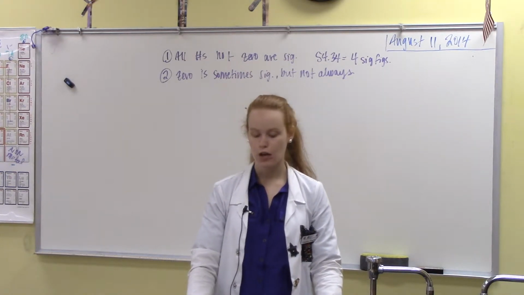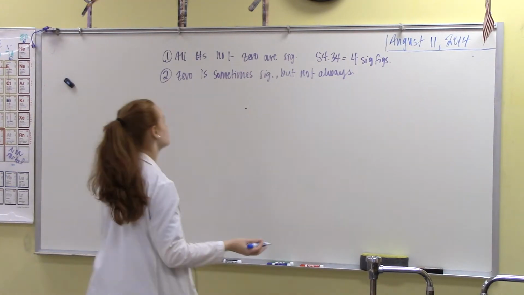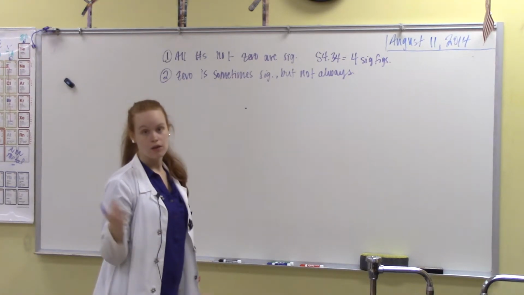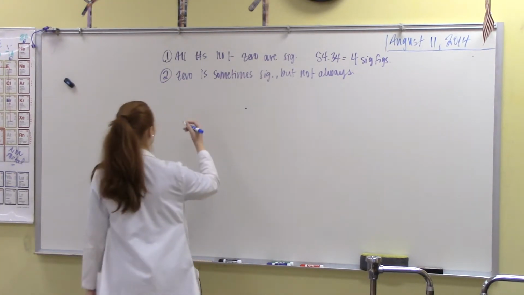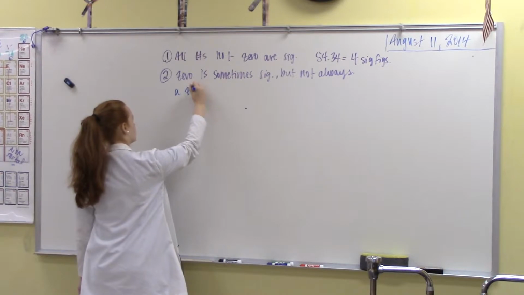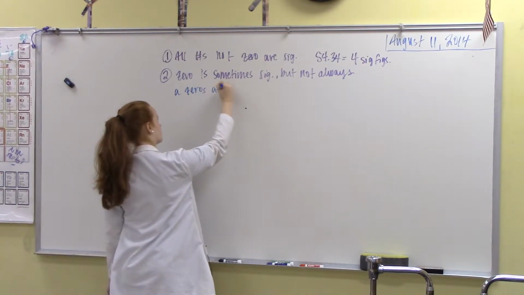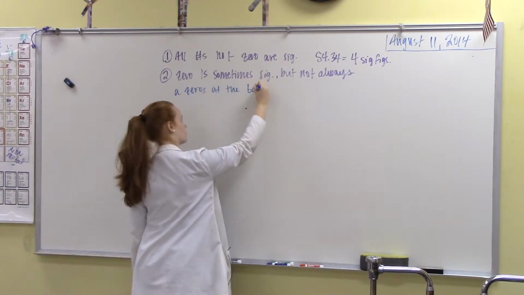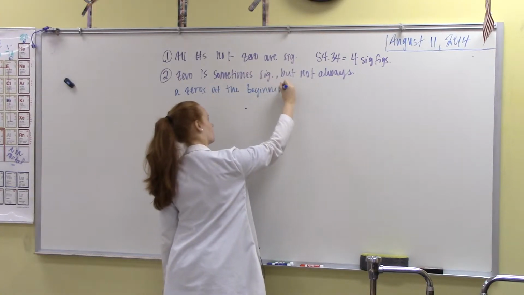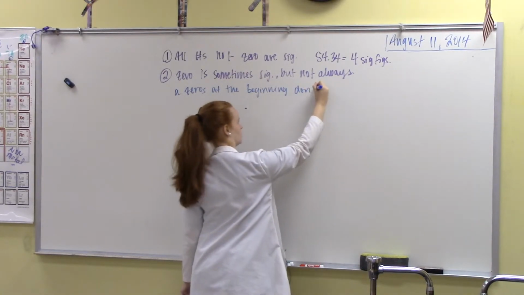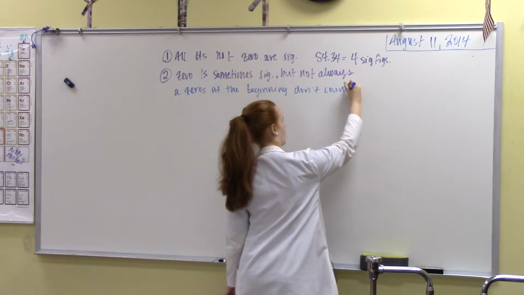The first one is that zeros at the beginning of a number don't count. Here's an example.